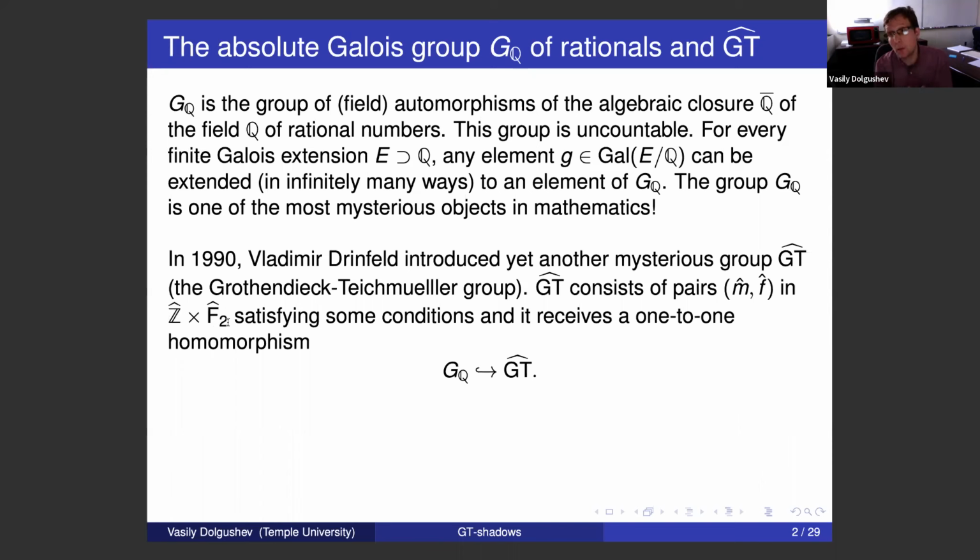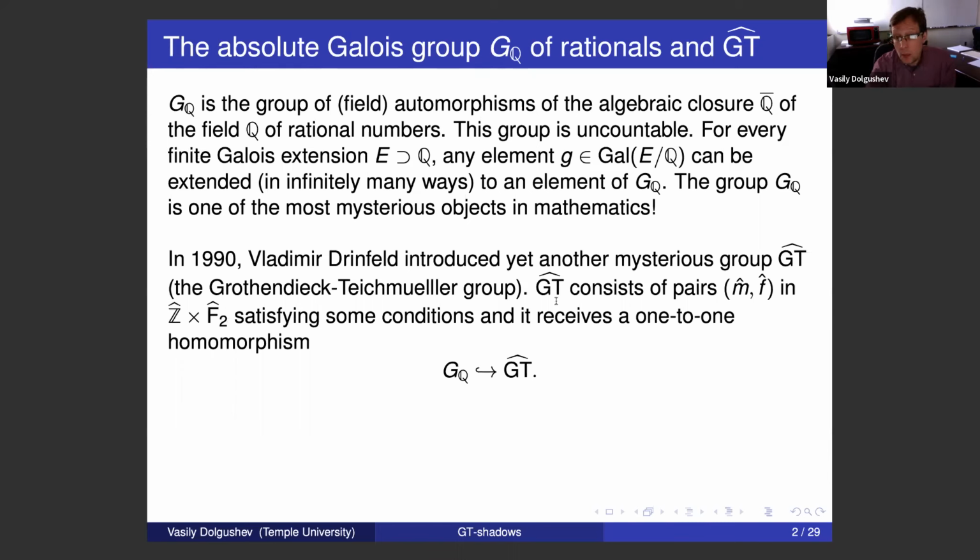So F2 hat denotes the profinite completion of the free group on two generators. The notation GT hat is a bit misleading, because some people may start thinking that there is a group GT and I'm taking its profinite completion. I'm not doing this, so there is no group like this. But later you'll see that GT hat is a limit of a certain functor into the category of finite groups.